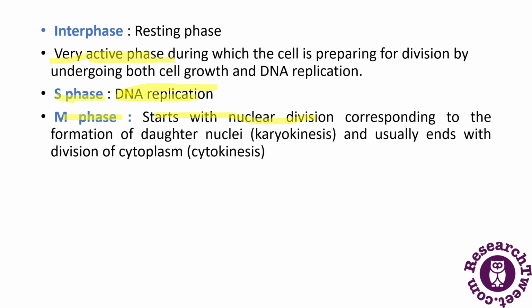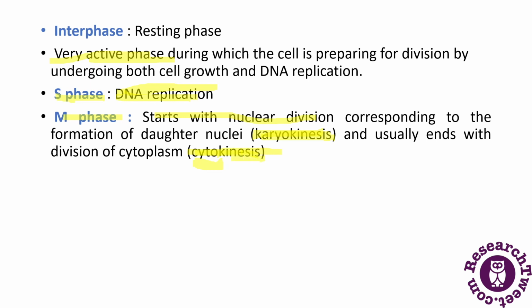So here we are introducing two terms, that is karyokinesis and cytokinesis. Karyo has been derived from the nucleus, so it is the formation of the daughter nuclei. That is why it is called karyokinesis. And cytokinesis is basically the division of the cytoplasm, because cyto is depicted here and kinesis means to break down.